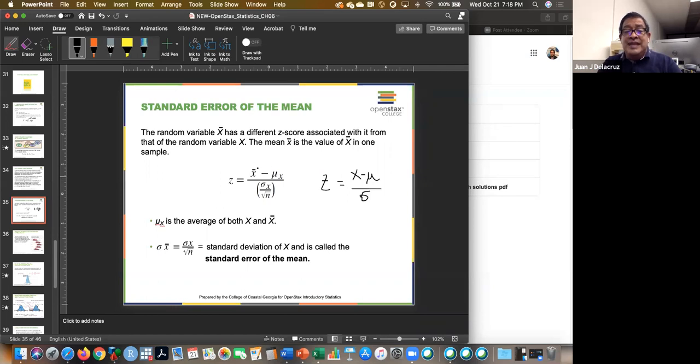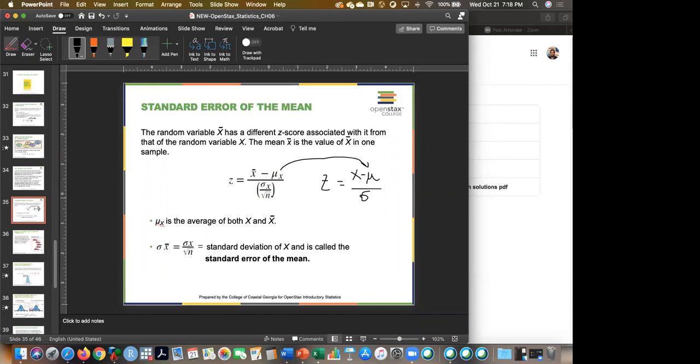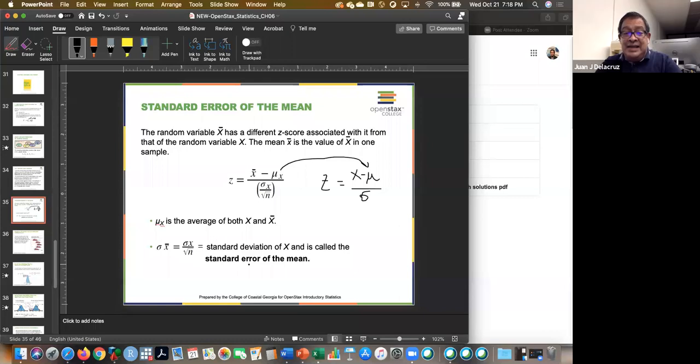So we are going to use the random variable and subtract the mean of the sample means. But remember, the mean of the sample means is nothing else but the population mean. I don't have to compute anything. I'm going to use the population mean as the mean of the sample means, and then divide by the standard error.